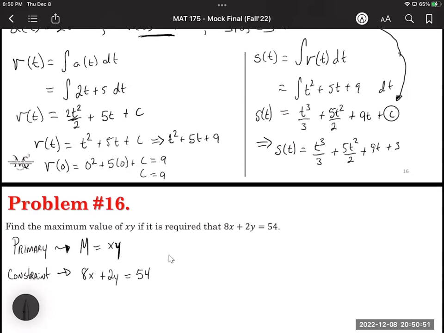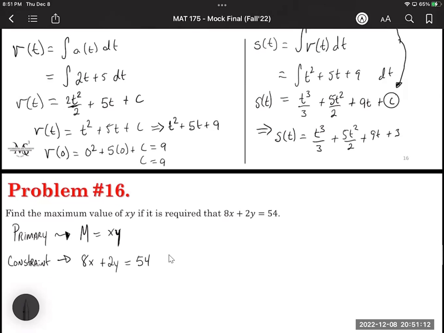All right. So for the constraint equation, you're going to rewrite it in terms of one of the variables, and then you're going to make a substitution into the primary equation, so that the primary equation is written as a single variable. So if your constraint equation is 8x plus 2y is equal to 54, I can rewrite this constraint in terms of y, right? The way that I can do this is subtract 8x on both sides.